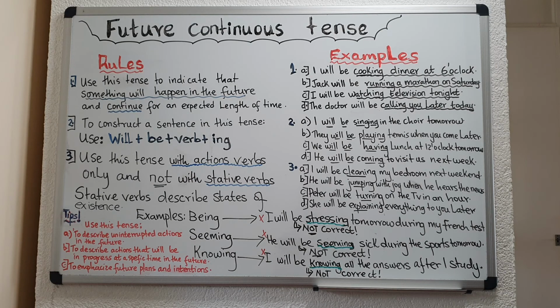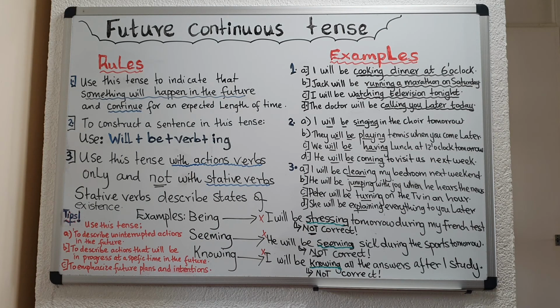Okay? So this brings me to the end of this lesson. Remember, the future continuous tense is pretty simple to form. All you have to do is just use the construction will plus be plus verb plus ing. Okay? So immediately after the subject, just use will plus be plus verb plus ing.